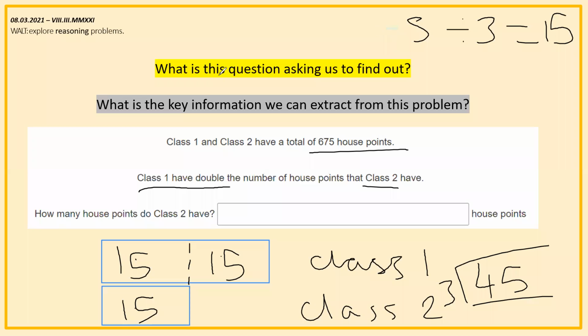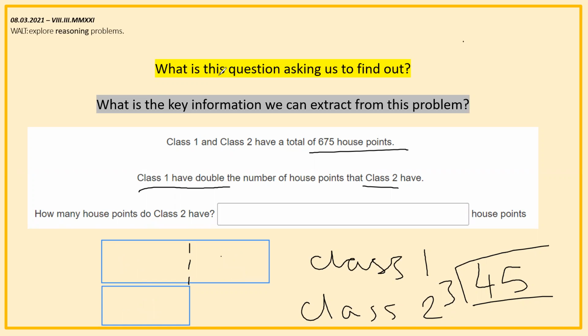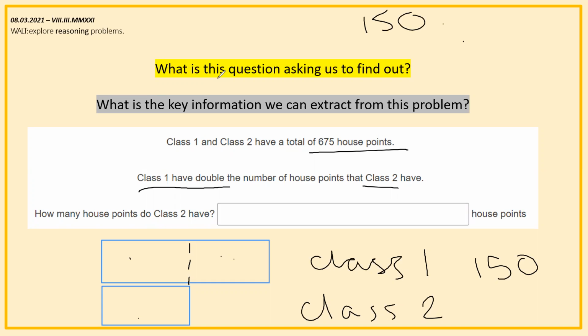If, for example, we had a total of 150, because I've got 3 equal boxes, I'm going to do 150 divided by 3.